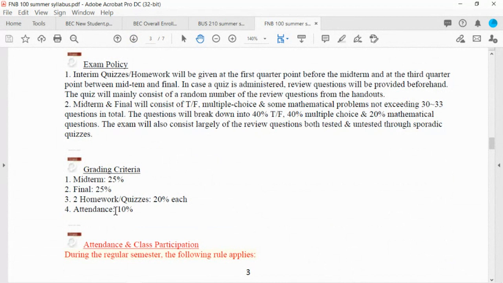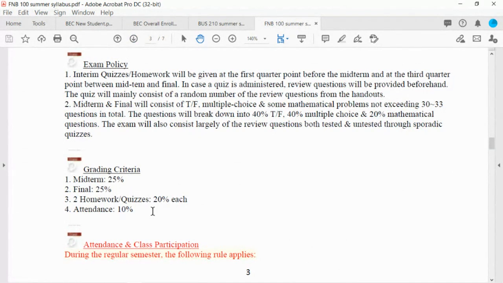Now, what makes up your semester grade will be basically coming from 4 exams, midterm and final, and 2 quizzes. It says 2 homeworks/quizzes, but it's not homework. It's going to be quiz, okay?